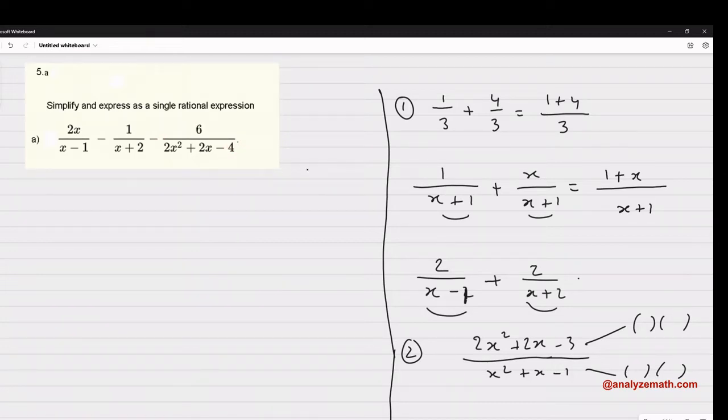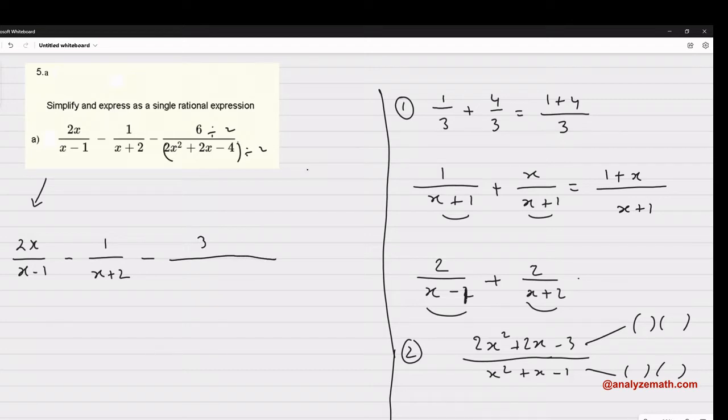Okay, so we have 2x over x minus 1 minus 1 over x plus 2 minus. Now I divide 6 by 2 and I divide all this by 2 as well. So 6 divided by 2 gives me 3.